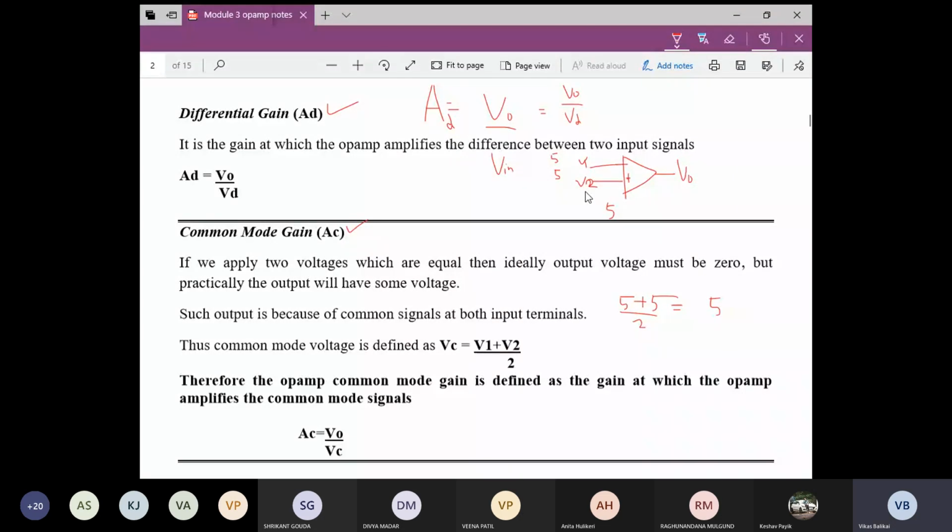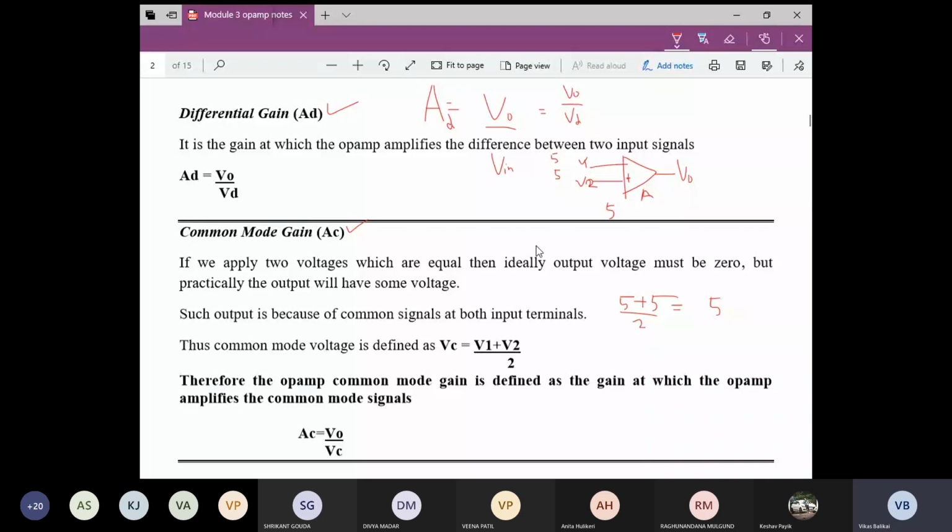When we have two inputs with different amplitudes, the difference between them will be considered. When we have two inputs of the same nature, the common mode voltage, which is the average of these two voltages, will be considered. This voltage will be amplified with the given value of gain. So A will be multiplied with 5 and I get the output voltage.